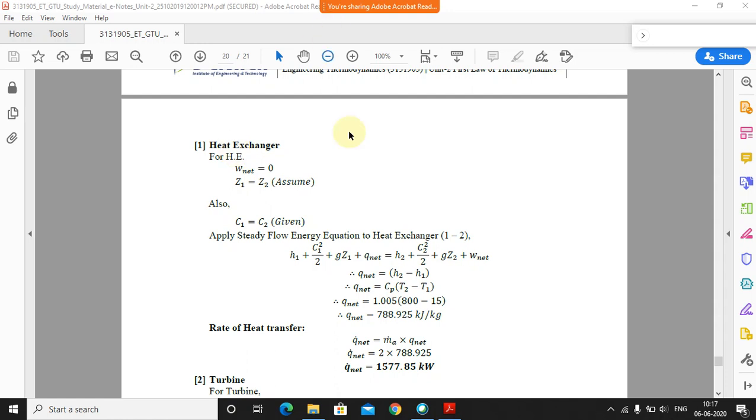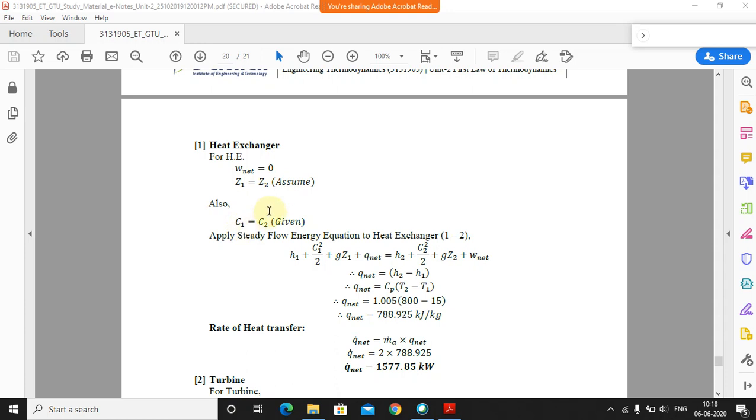Then assuming Z1 is equal to Z2, both the things are at the same height, inlet and outlet. And we know that C1 is equal to C2, means the velocity at the inlet and the outlet is the same, that is 30 meters per second.